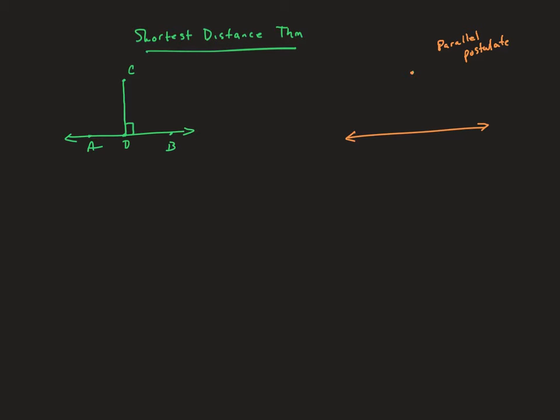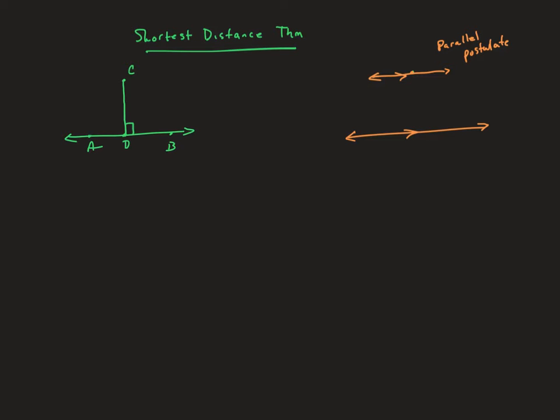The parallel postulate says that there exists exactly one line in the same plane that passes through that given point and is parallel to the given line. So there's going to be one line parallel to this line through that given point, and any other line that passes through that point will not be parallel to the given line, because we can only have one with the exact slope that would match the given line that already exists.